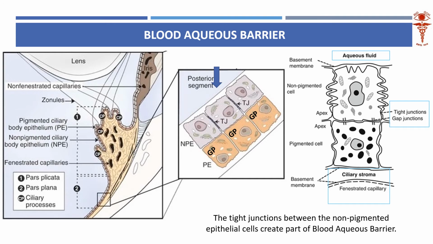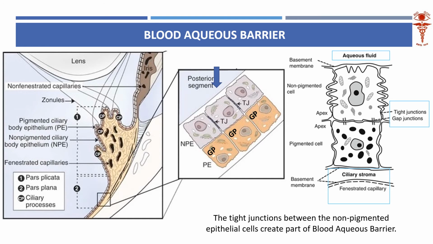So in the non-pigmented epithelium, there are tight junctions. These tight junctions in the non-pigmented epithelium are the barrier, the blood aqueous barrier.